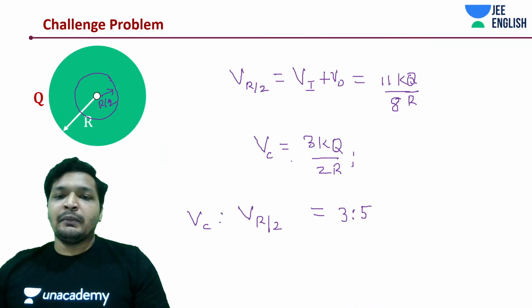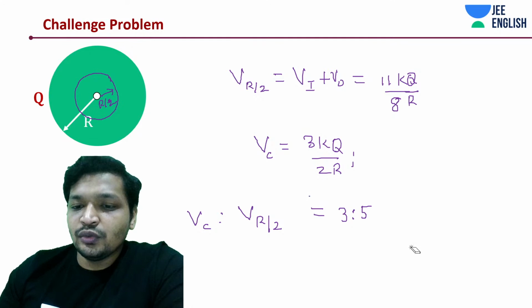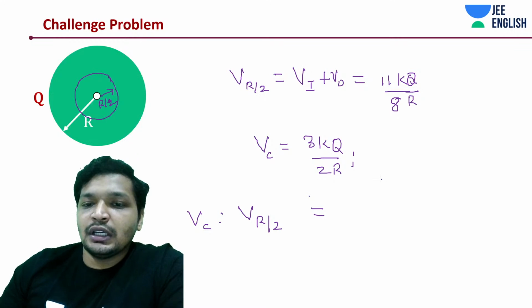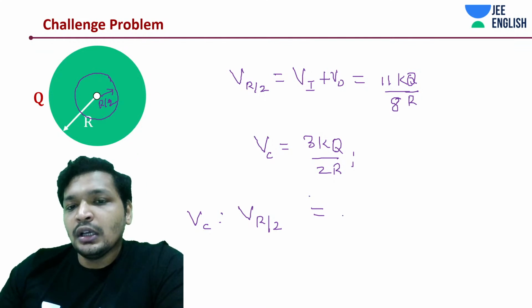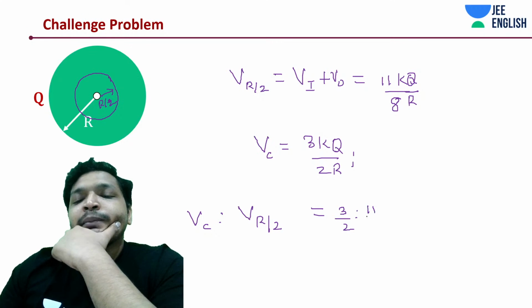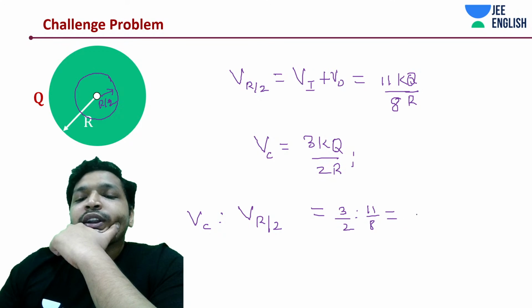Okay, 11 by 8. At the center we have it to be like 3kq by 2r, which we can correct to be 3 by 2 is to 11 by 8, which would give us something like 12 is to 11.